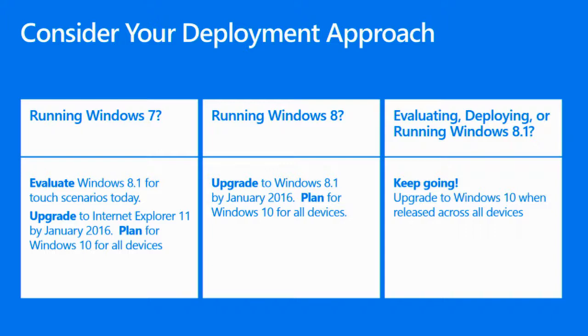If you're on Windows 8, you've got a bigger problem. You need to get to either Windows 8.1 or Windows 10 by January 2016. 8.1 is probably the safer bet because you can start now. If you're already running 8.1, you're in great shape with IE and the supported OS. You can look at Windows 10 at your leisure and start the planning process for that.